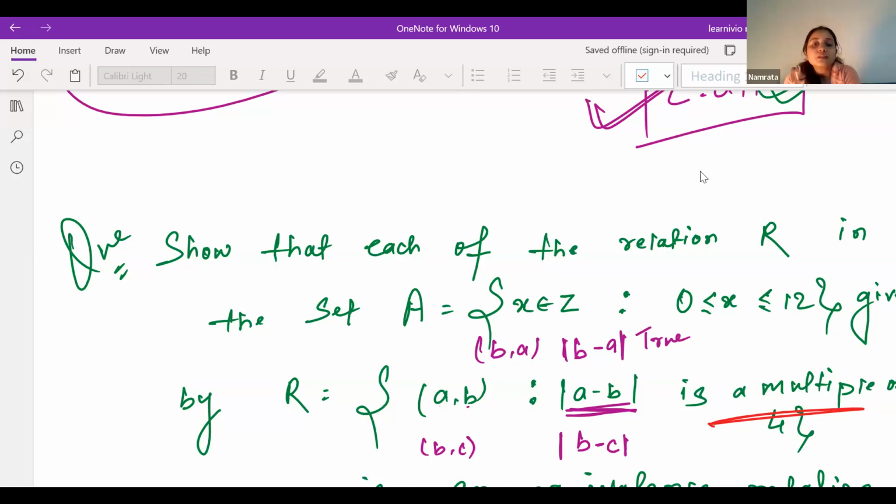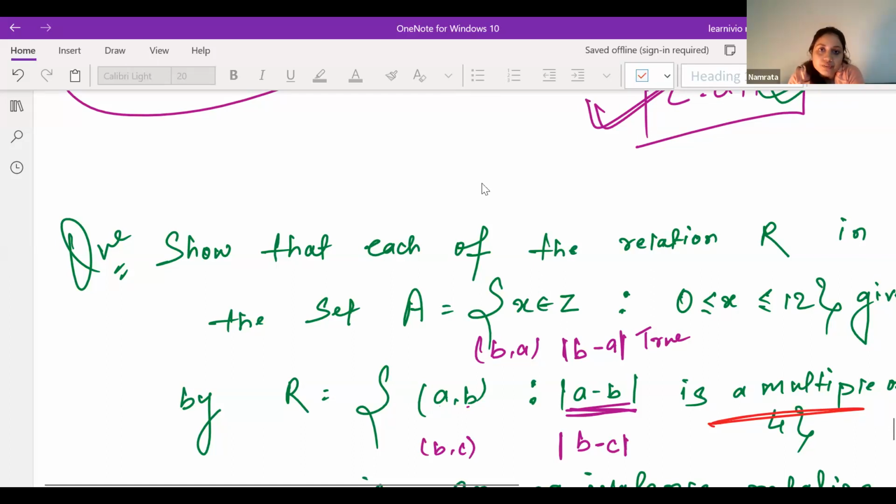So let me know whether it is transitive or not. Who will be saying? No one.